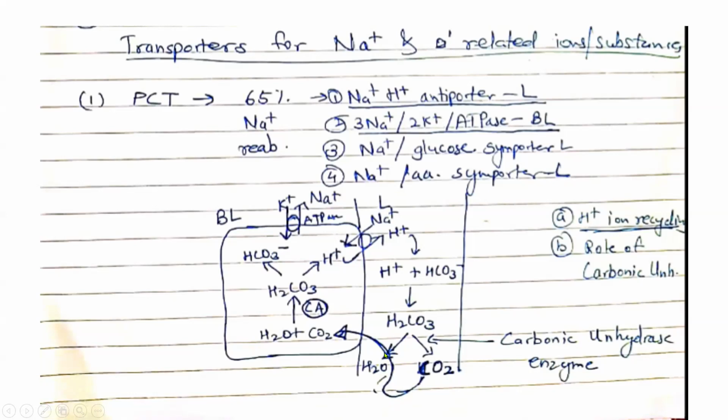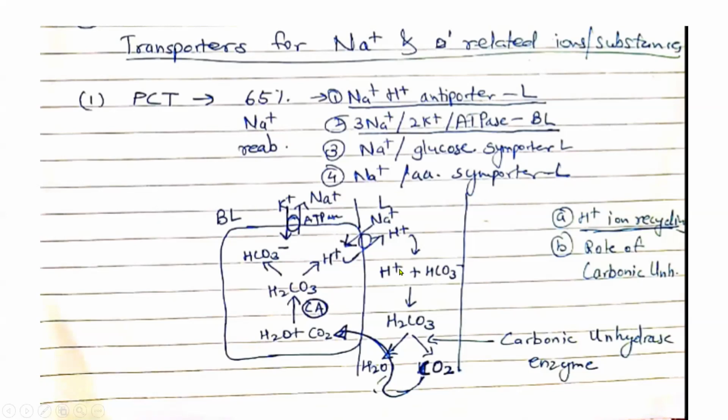Carbon dioxide freely diffuses inside this cell, combines with water, again under the influence of cellular carbonic anhydrase enzyme, which is present in the cell. It forms carbonic acid. This carbonic acid breaks down, giving one H plus and one bicarbonate ion, which can be reabsorbed.